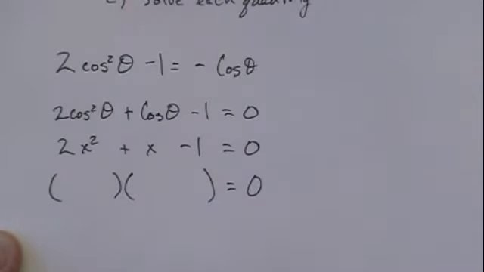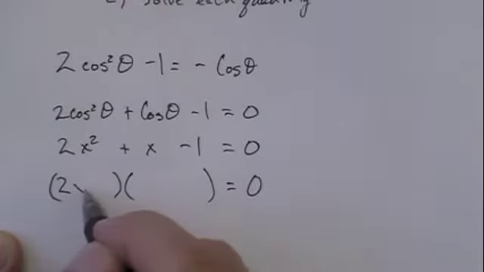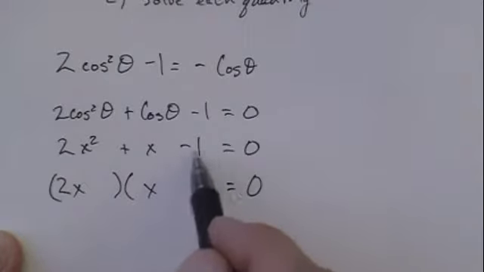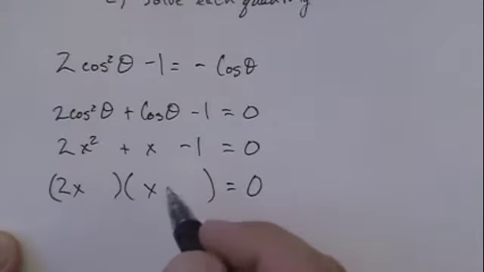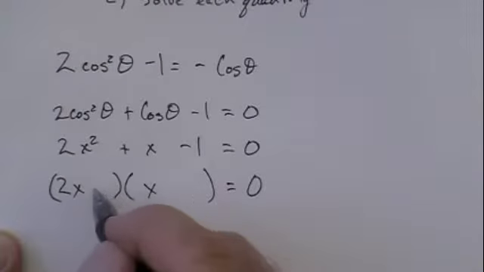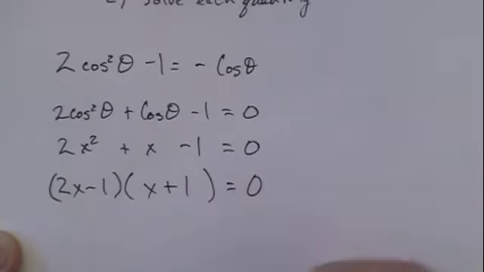We have our two quantities. 2x and x gives us our 2x squared. To get a minus 1, we're going to have a minus and a plus. To have this be positive in here, that means we're going to have the minus 1 plus 1, so that when we FOIL we get a positive 2x and then a minus 1x to give us plus 2x plus 1x in the middle.